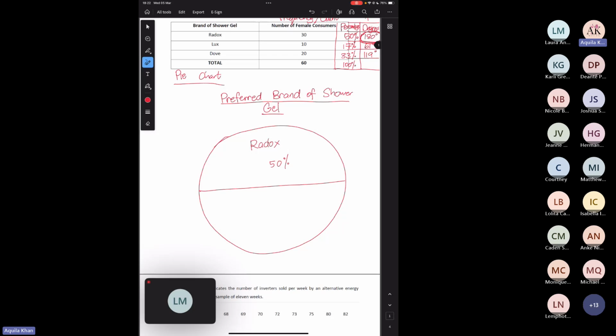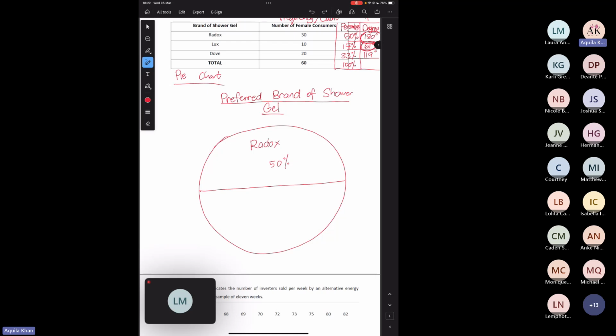Then the next one is 61 degrees, and this is Lux. So again here, normally if we draw a line dead down the center here, it would be 90 and 90. But we need 61. So I'm thinking that 61 might be somewhere around here. So let's go with that. So let me just remove what I had here.